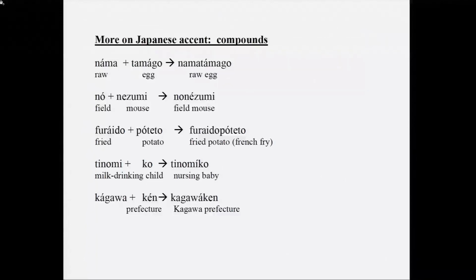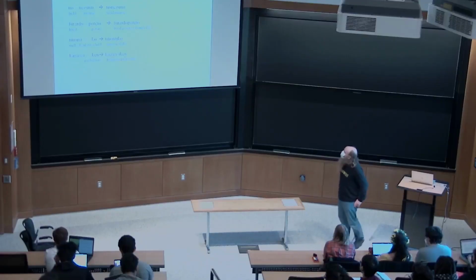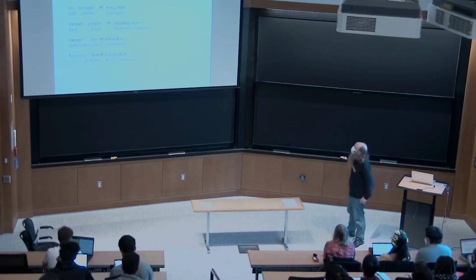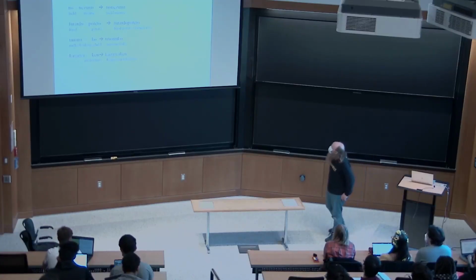The accented syllable doesn't have to be the accented syllable in either of the original parts of the compound. So like raw egg, which is the first example on this slide. Raw and egg, they have accents where they have accents. Raw has an accent on the first syllable. Egg has an accent on the second syllable. But raw egg has an accent on the syllable which is not normally accented in egg.